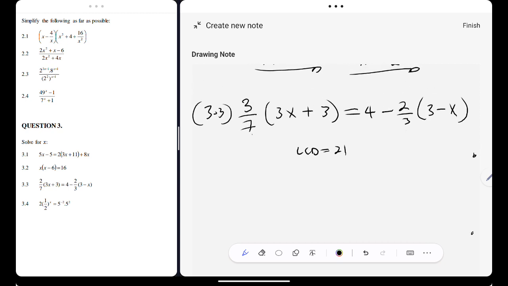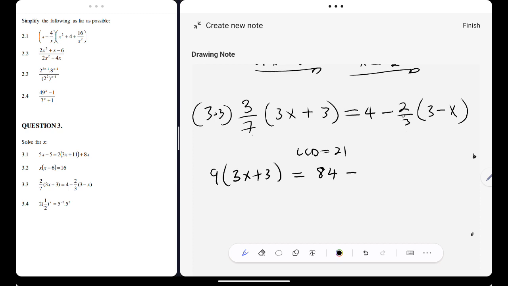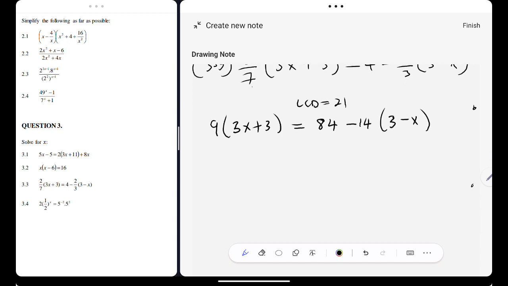When I say 21 multiplied by 3 over 7, I'll get 9, and then I'll still have this bracket. 21 multiplied by 4, I'll get 84, and then 21 multiplied by 2 over 3, I'll get 14. Now I don't have fractions.